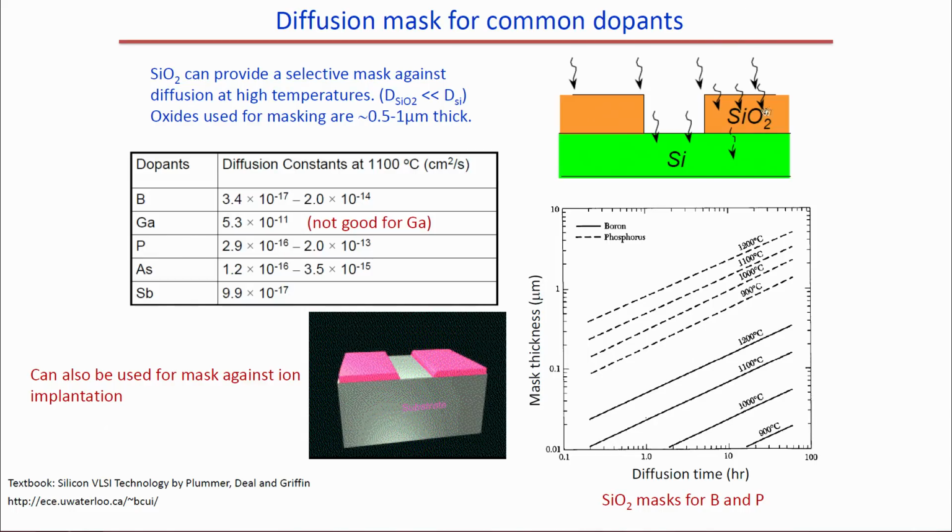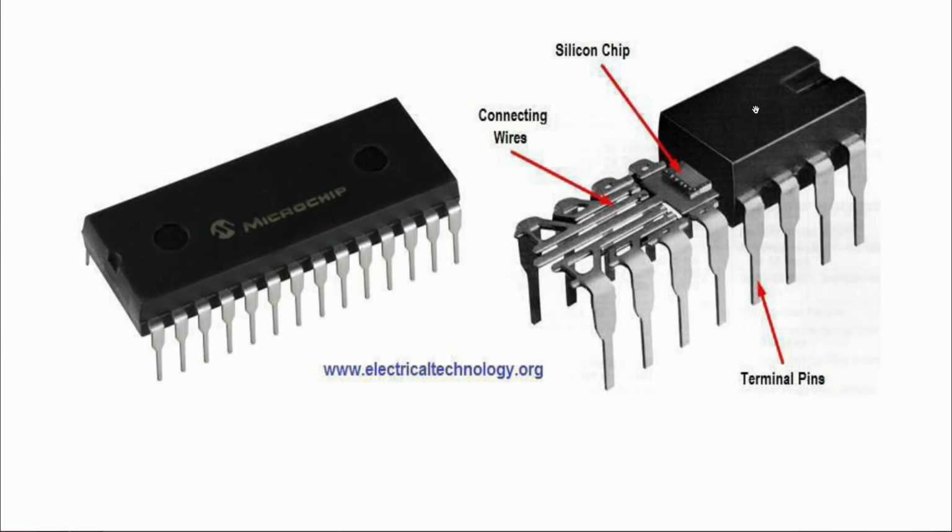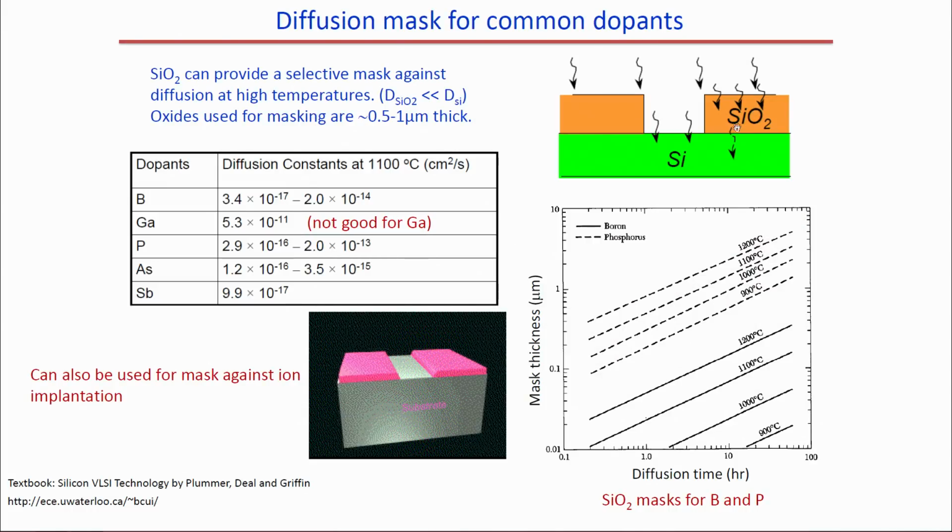So, silicon dioxide over the silicon substrate is grown on silicon and patterned such that a window is created in the center and silicon dioxide is protected on both sides of this window.